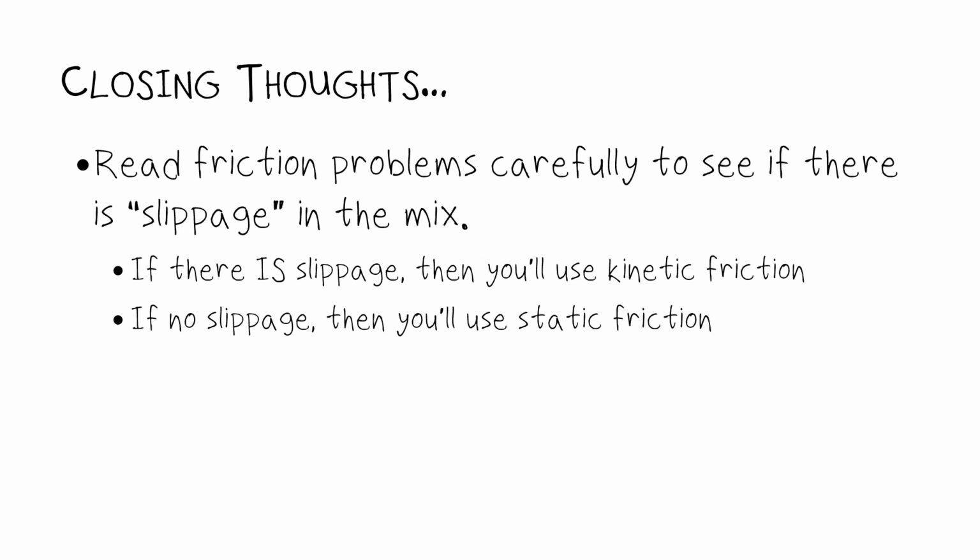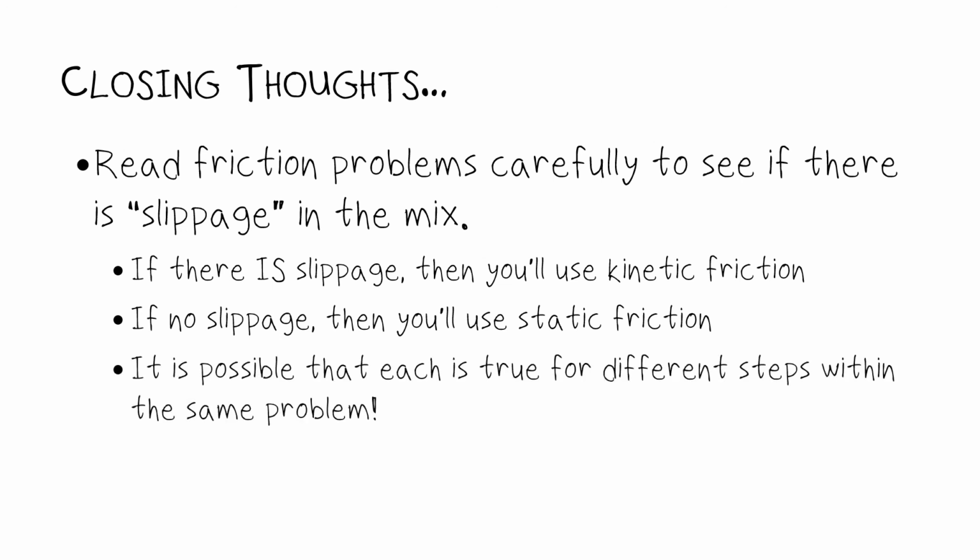It's asking specifically what the relationship is between the object and the surface that it's on. It's also possible that a problem could switch midway through the problem. Part A might be dealing with a static friction scenario, and then the same object might break into motion, and part B might be dealing with a kinetic friction scenario. So watch carefully the information that they give you, and be alert to the idea that it's not a guarantee that it'll be the same thing throughout the entire problem.